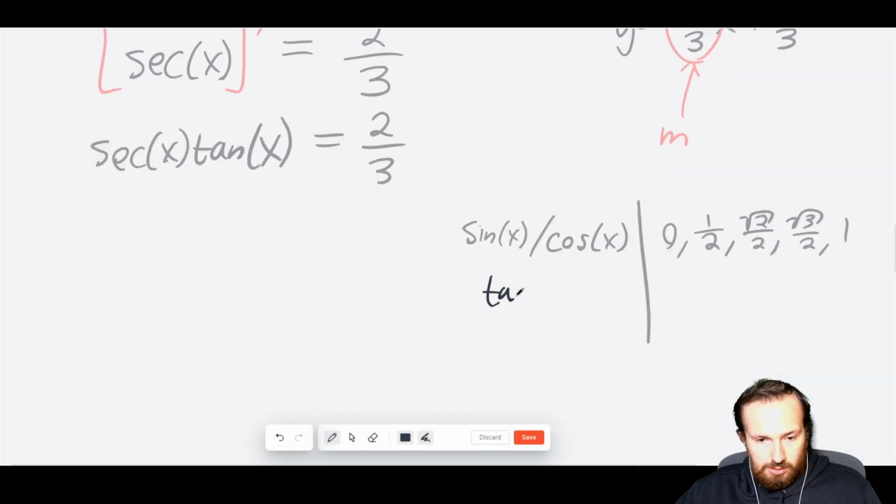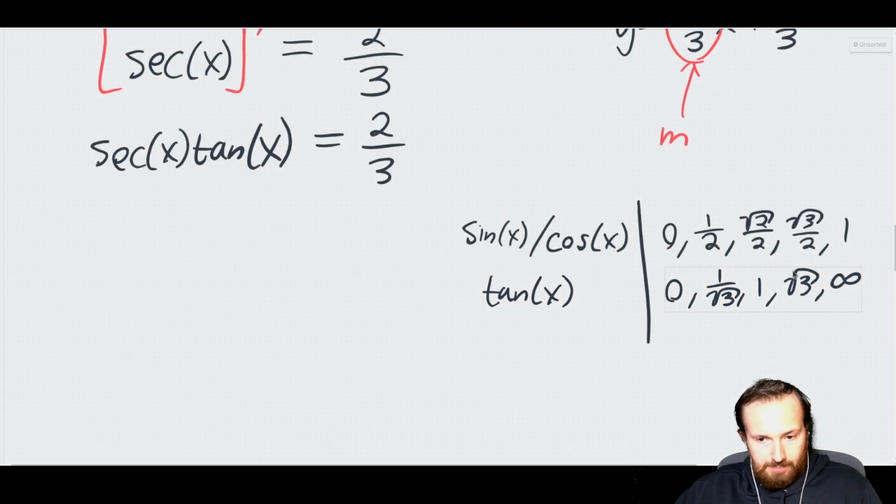For tangent, it's actually a little bit different. It's basically 0, 1 over radical 3, 1, right, at 45 degrees. Basically, that would be a slope of 1. And then you could also have radical 3 at 60 degrees. And then this is kind of infinity.